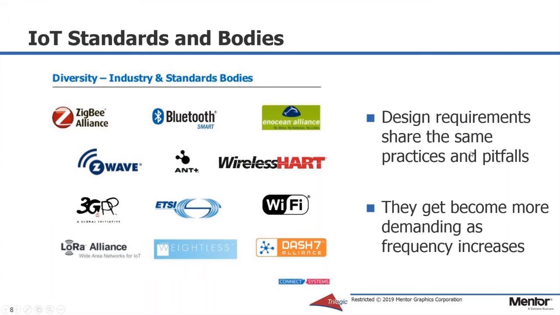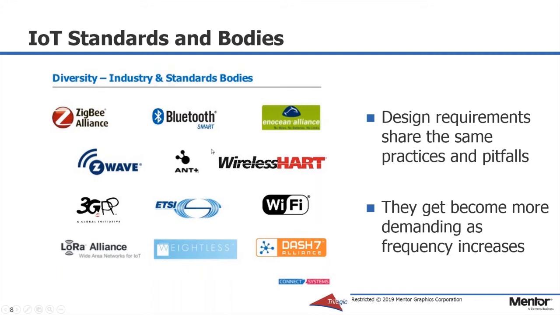They all follow the same laws of physics, and they share the same practices, and unfortunately offer the same pitfalls for designers who don't follow those practices. They also get more demanding as the frequency increases, which is something a lot of designers don't consider. For example, Z-Wave here at 900 megahertz is a little more forgiving, not much, than working at 2.4 gigahertz with Bluetooth.